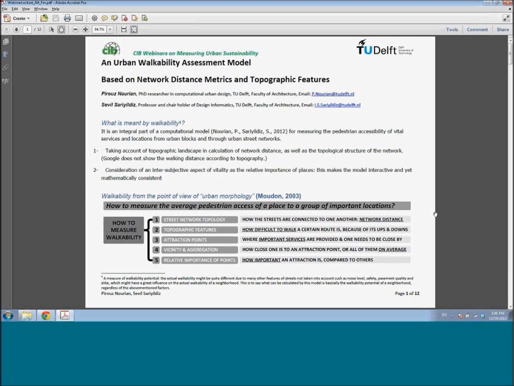And third, the location of vital services as attraction points, where people generally need to be close by, and the notion of vicinity and aggregation of distance measurements into a single walkability measure. And at the end, the relative importance of attraction points, which results in a polycentric structure of the neighborhood.